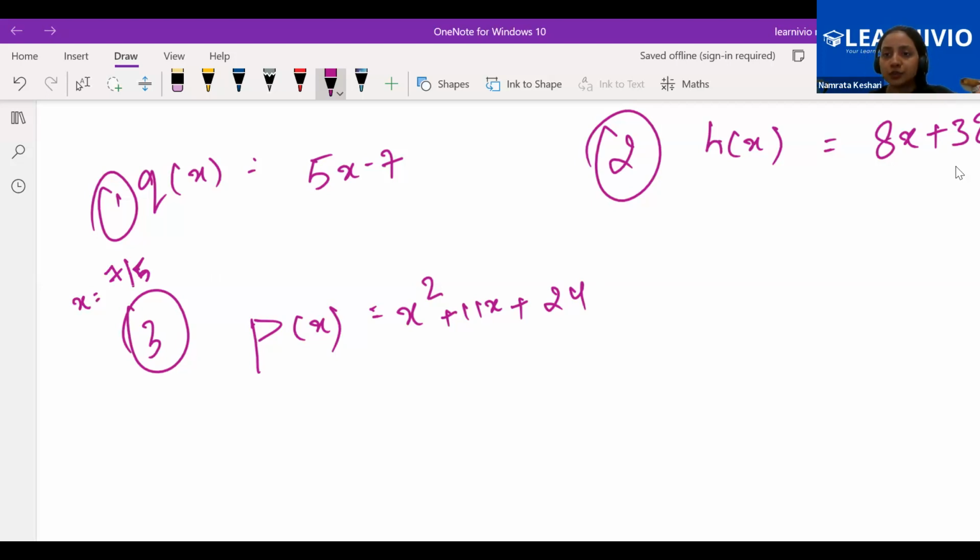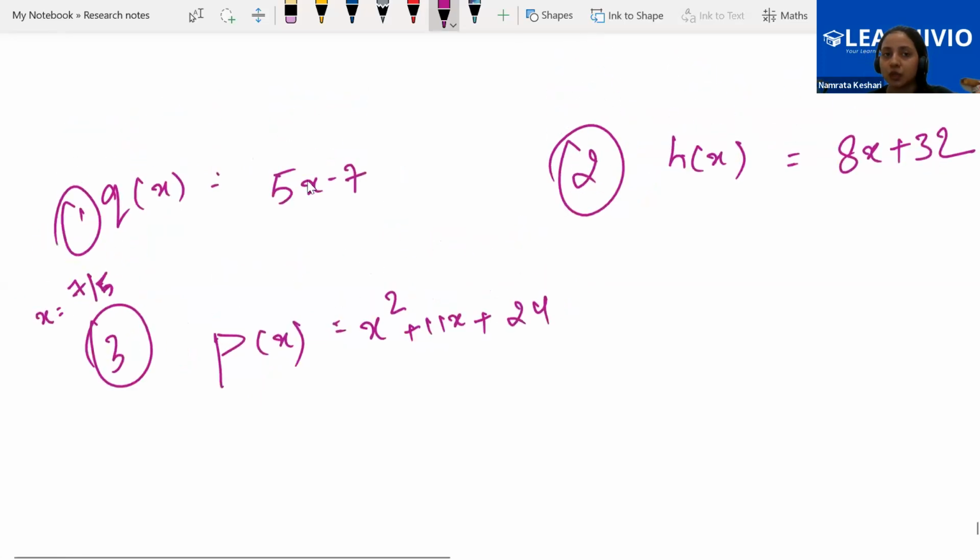Yes, please do the next one also, and tell me what is the zero of the second polynomial. Ma'am, negative 32 by 8. Do the simplification and let me know what you are getting. Okay.